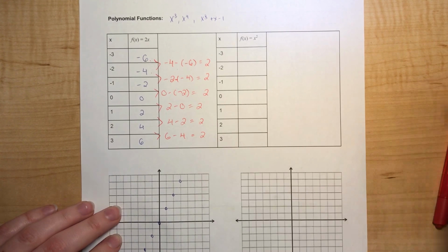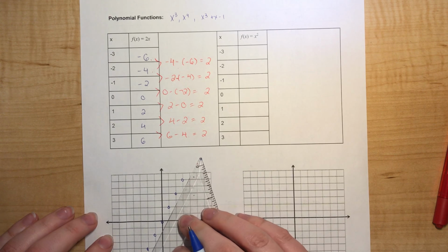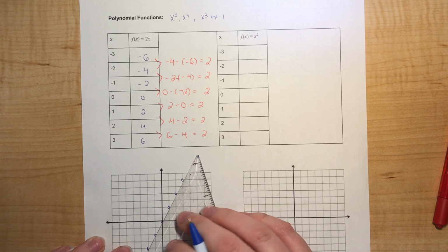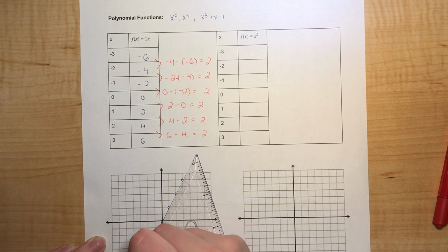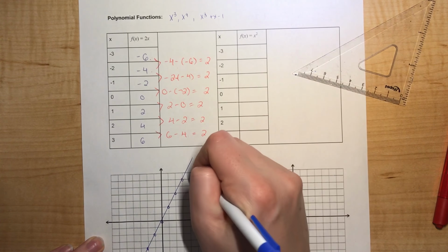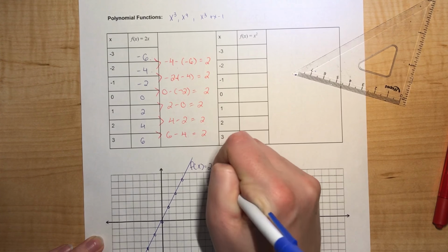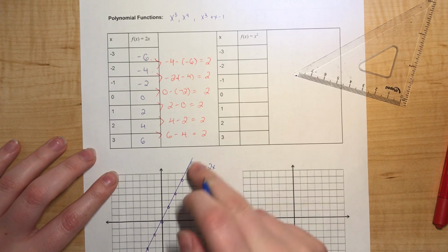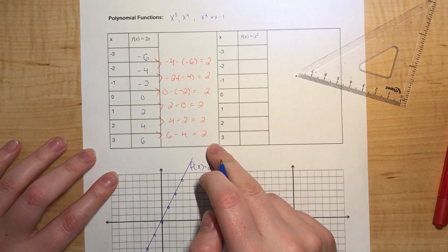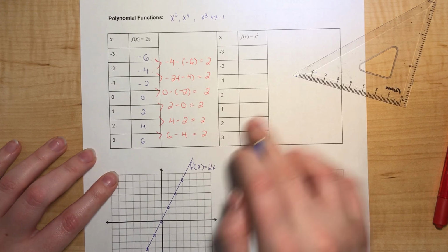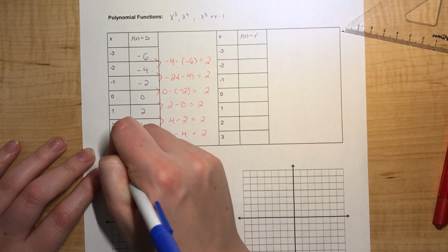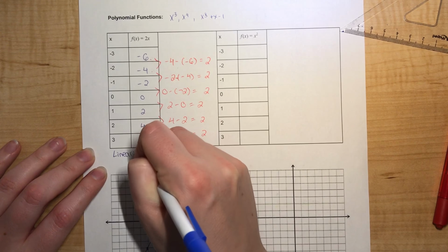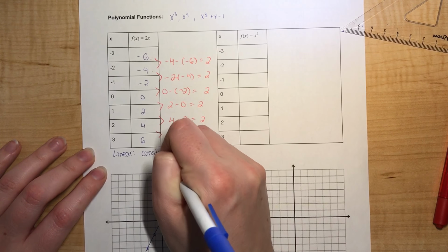That should be all my points. Yeah, we can tell this is going to be a straight line just based off of having constant first differences. So a linear function has constant first differences.